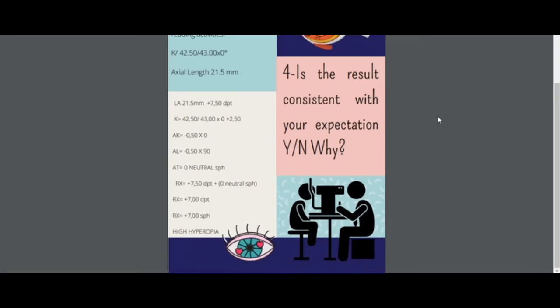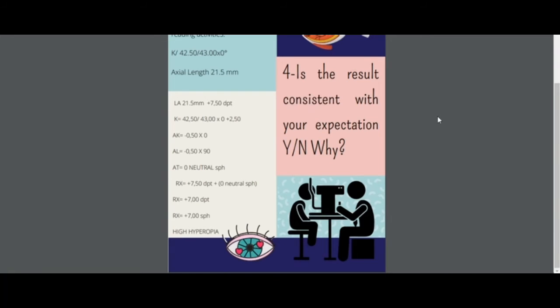After that, in K we do the same thing, except that this time the flattest meridian, which is 42.50. So we look at the number line and we count how much is between 44 and 42.50. And that would be 2.50 millimeters, which is the equivalent to 2.50 diopters. And it would also be positive because it's lower than 44.